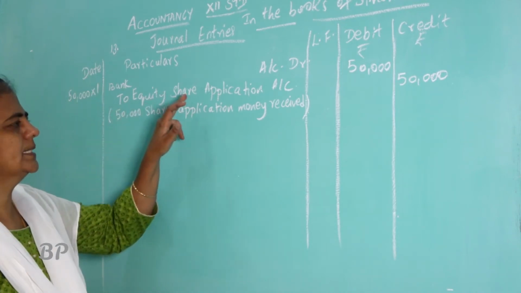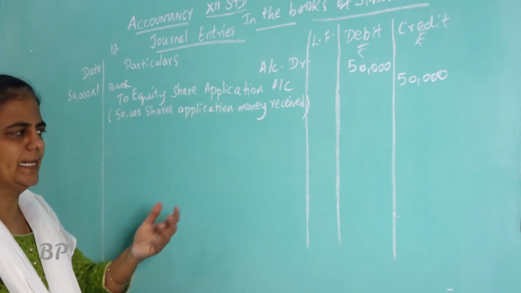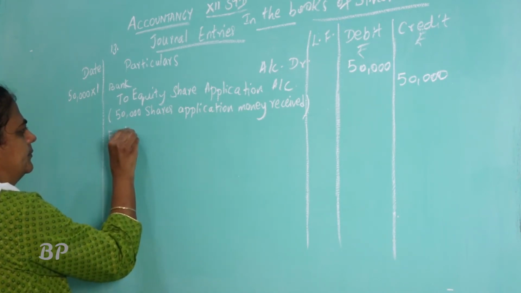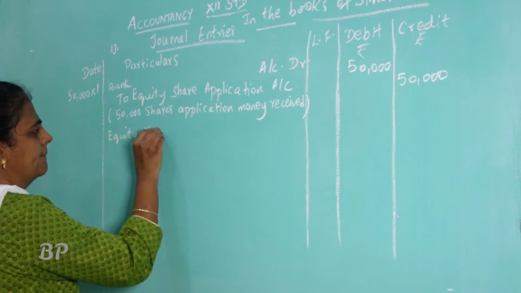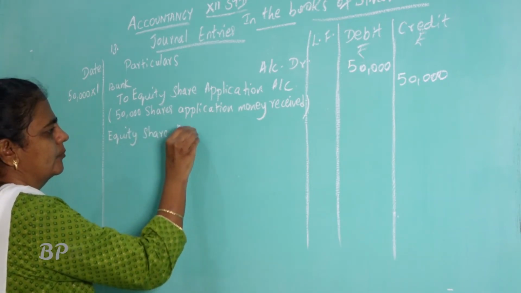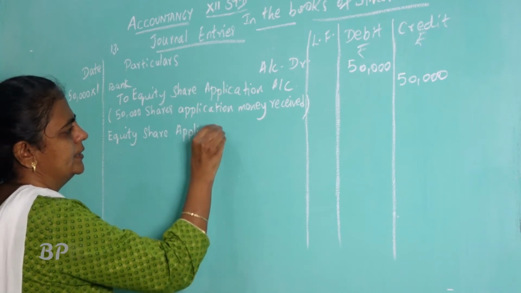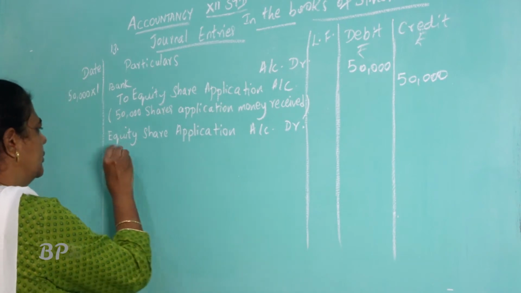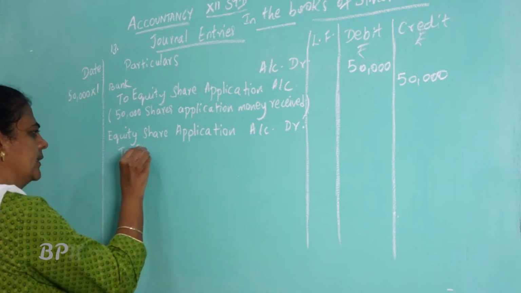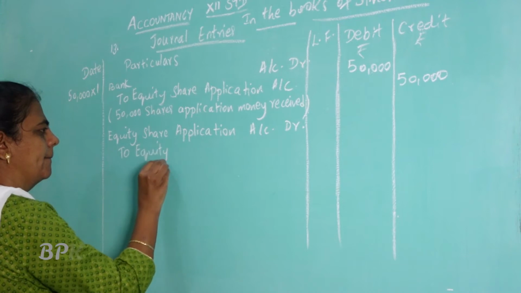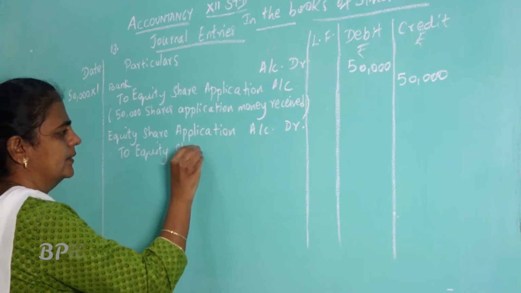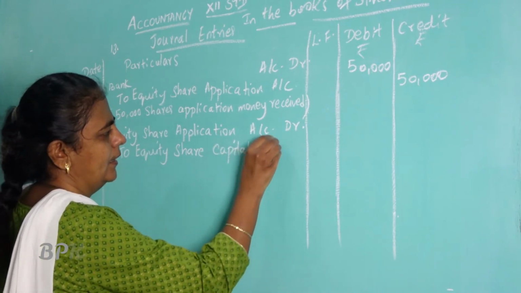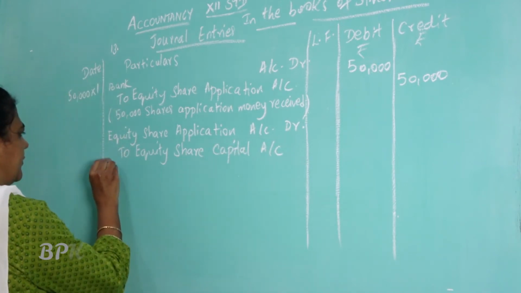Then what you must do, this application money should be transferred to share capital. So equity share application account debit to equity share capital account.